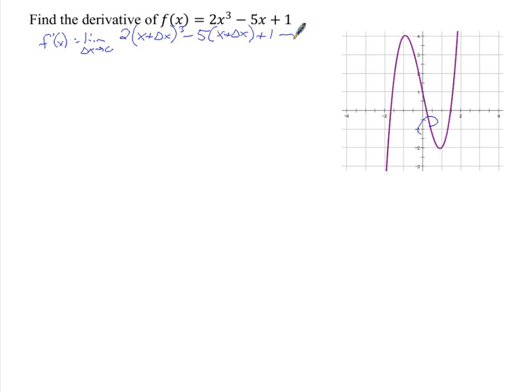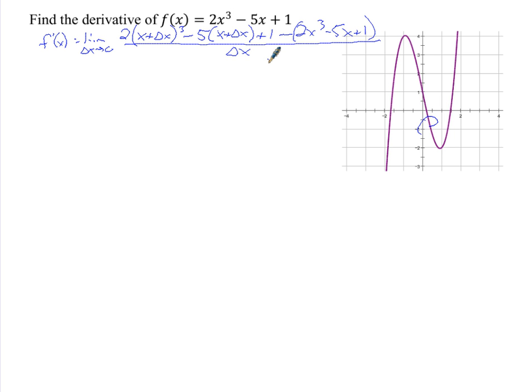Minus the original. This is the most important part right here. A lot of people will forget. They get so excited about getting through to here, they'll forget the minus f of x part. I'm just telling you what people normally do. So minus 2x to the third minus 5x plus 1. And then all of that is over delta x.